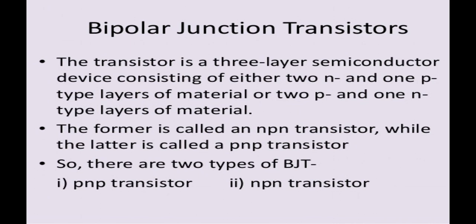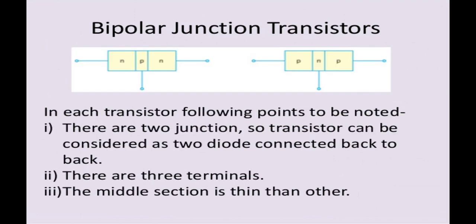Now we go to the next slide. This is the symbolic representation of NPN transistor and PNP transistor. In each transistor, the following point is to be noted. There are two junctions, so the transistor can be considered as two diodes connected back to back.